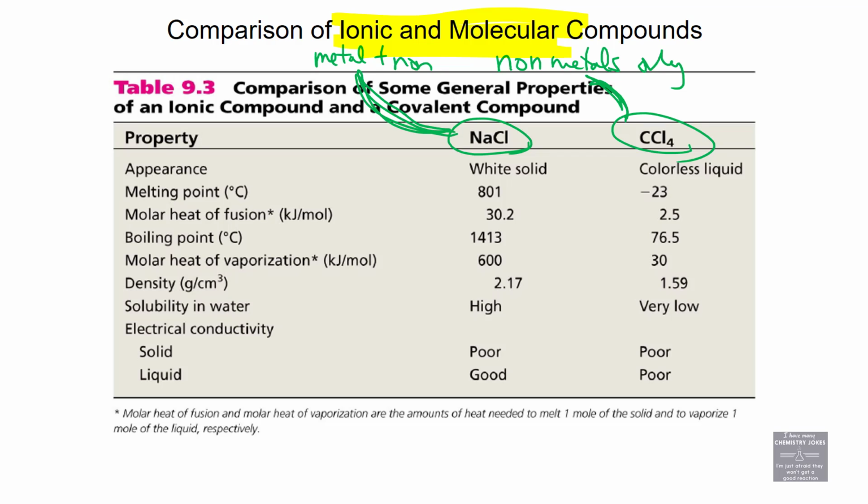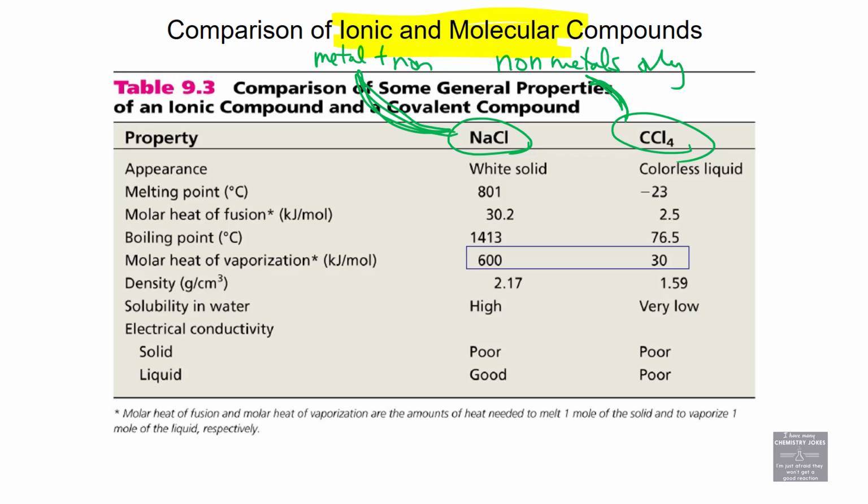If I point out a couple of things here, there is the melting point of this ionic compound and the melting point of this molecule. There is a boiling point of this ionic compound and a boiling point of this molecule. And one more, there is the molar heat of vaporization, it's a delta H thing, for an ionic compound and a molecule.